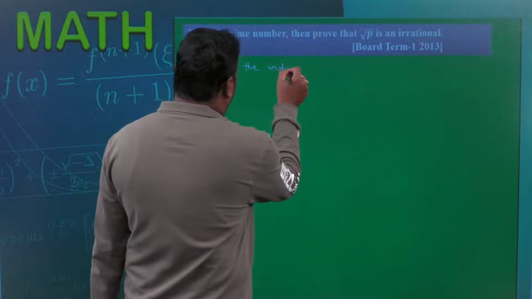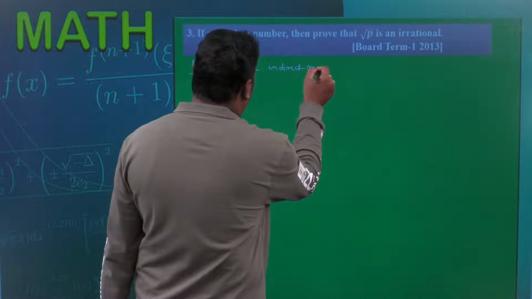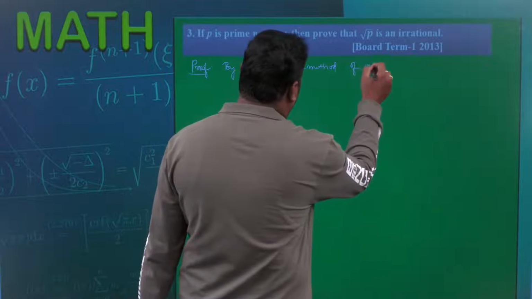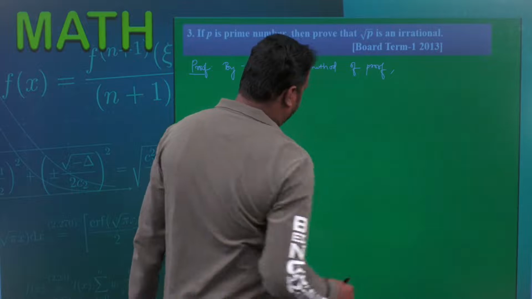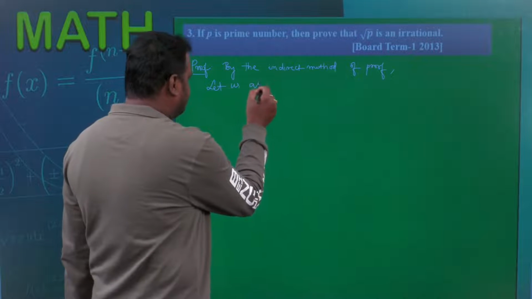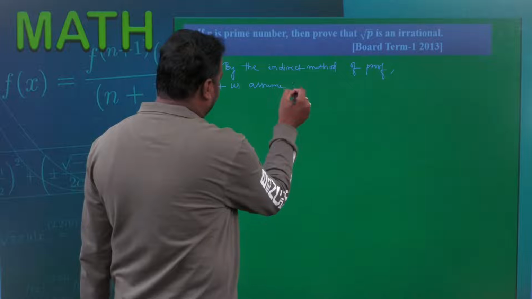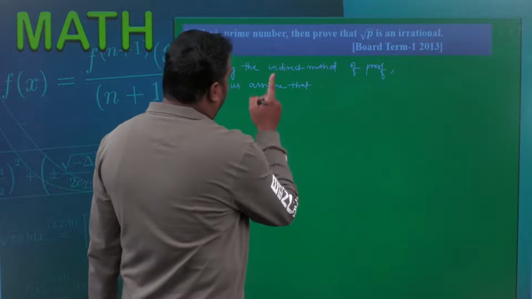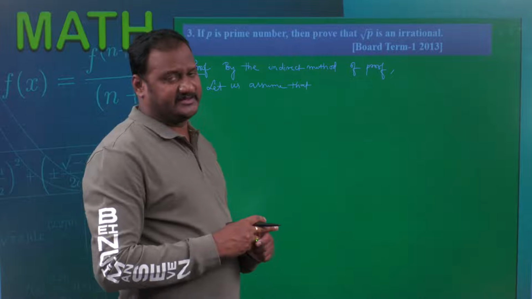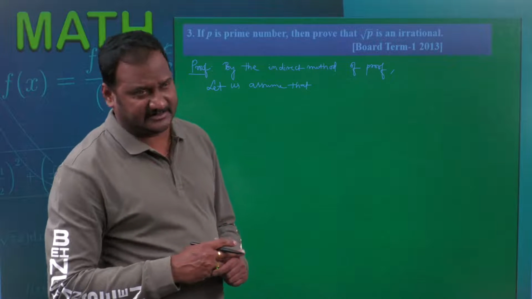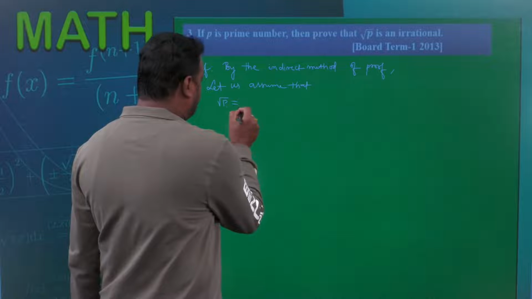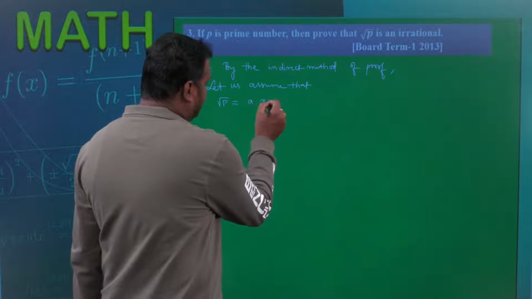By the indirect method of proof, let us assume that root p is not an irrational number. If root p is not an irrational number, then it is a rational number. Let us assume that root p is equal to a rational number.